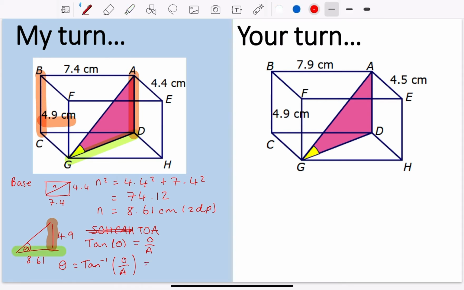So my equation is now going to look something like this. I'm going to get tan to the minus 1 of 4.9 over 8.61, or the long decimal. If you have that answer function, you can use it here. That is going to give me a final answer of 29.65 degrees, or to the nearest whole number, 30 degrees.